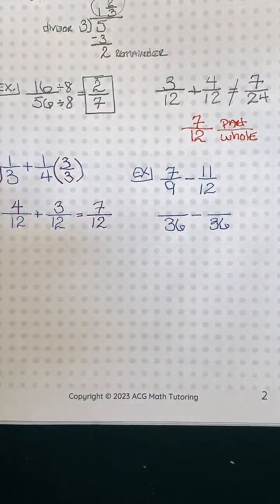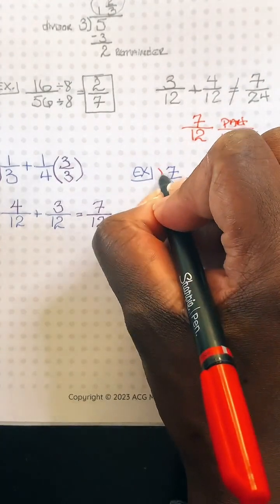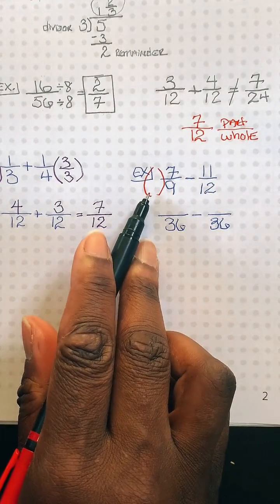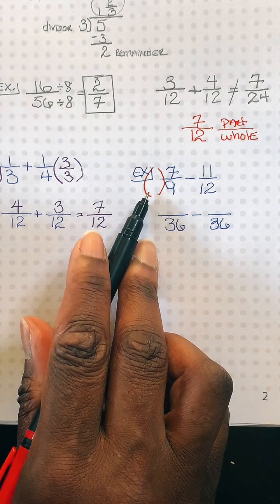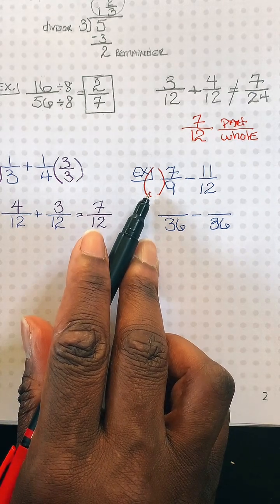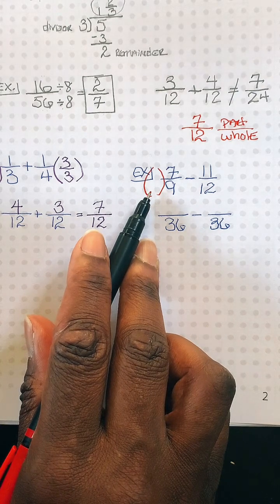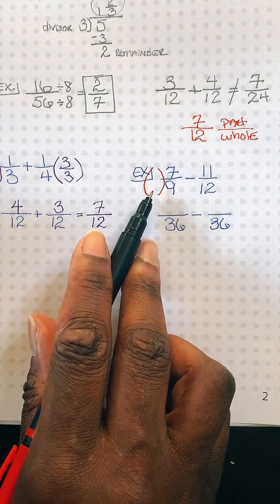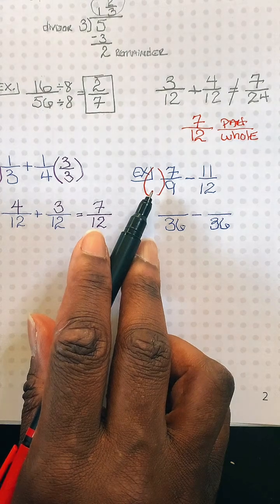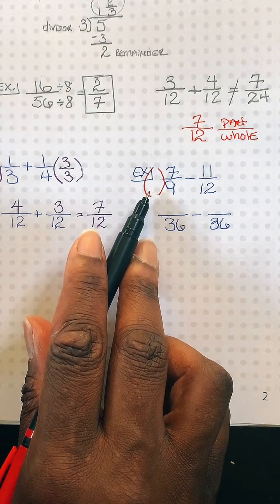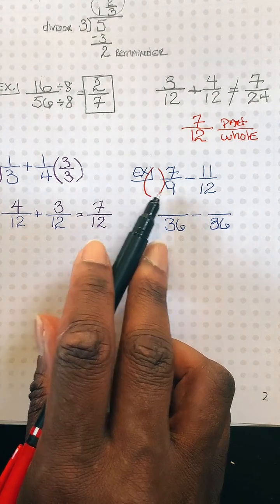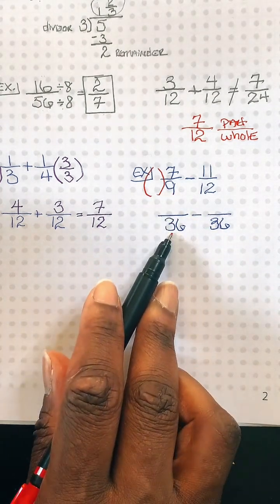So if I do 36, I'm multiplying this first fraction by what? Okay, I got a couple people saying 4. Careful, Holly. So I can make this 9 into a 36.